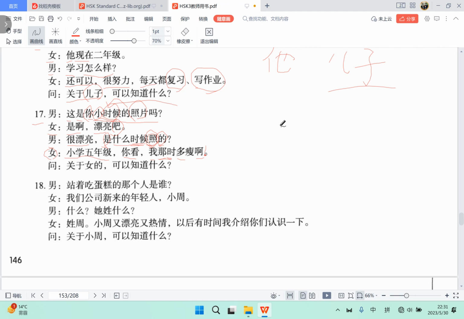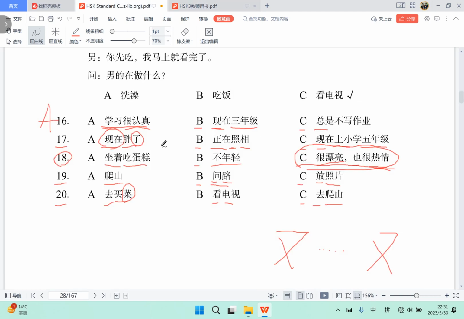So this is also a structure, 多什么什么啊, like 'how' or 'so', with the emotion of surprise, and normally between these two words is an adjective. So 多瘦啊, how slim I was at that moment, right? Like this, ladies. So 关于女人可以知道什么? About the woman, what could we know? So at that moment she was very slim, so for this one we choose B.